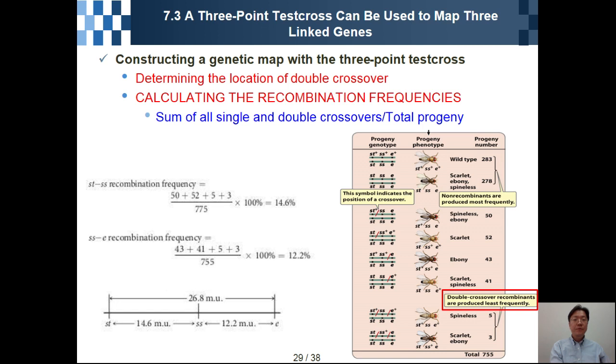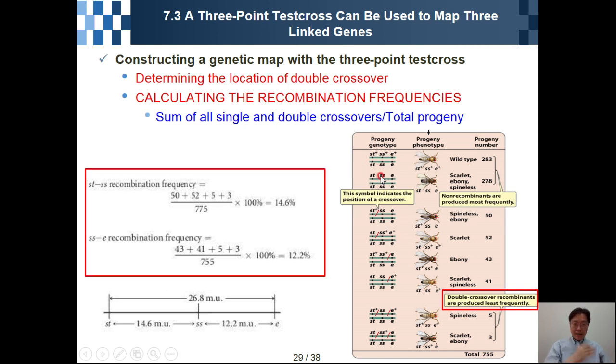Finally, we have to calculate the recombination frequency. The recombination frequency is the sum of all single and double crossovers. So between ST and SS, the total progeny is 755, and because there was a single crossover between here, they will have 50.